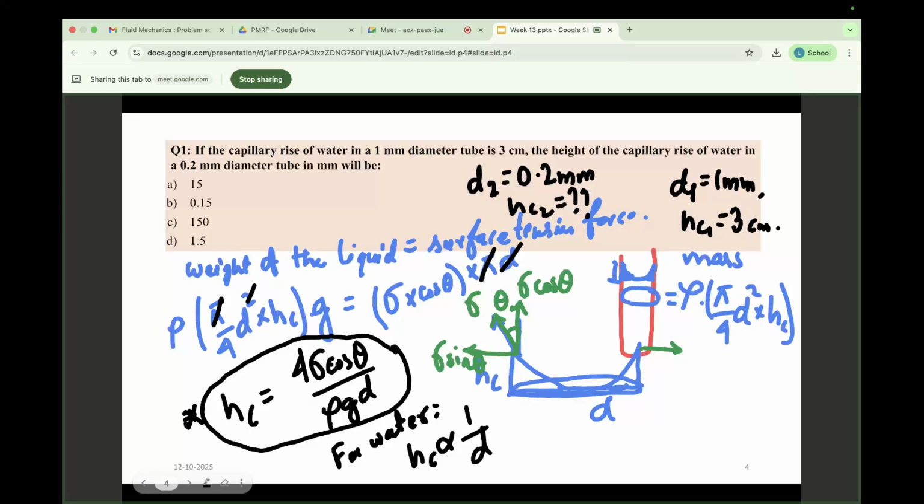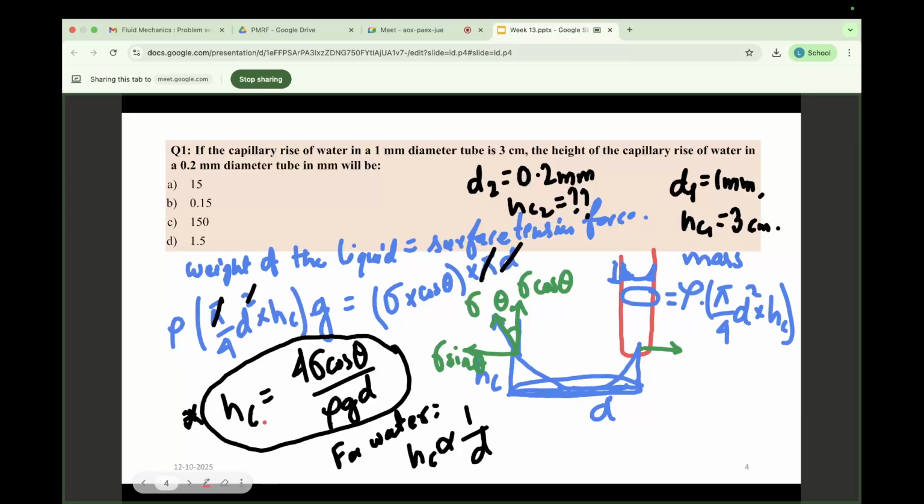Because for a single fluid, sigma, density, theta and all these things are equal. Theta is the contact angle, and the contact angle and all these things are equal.